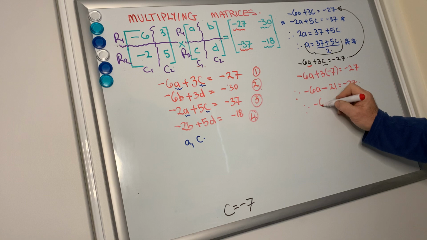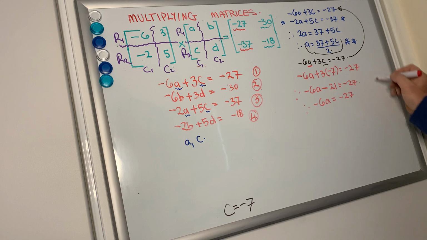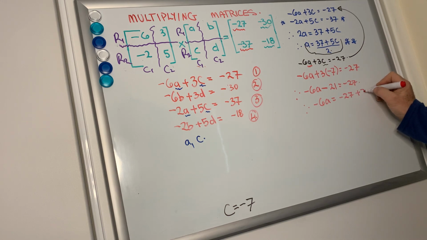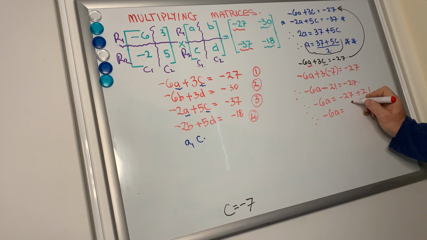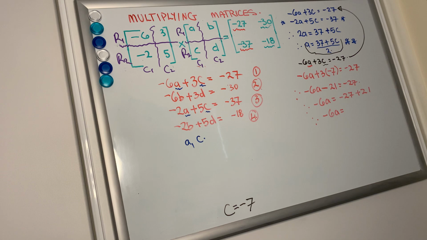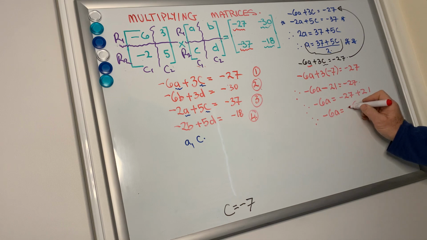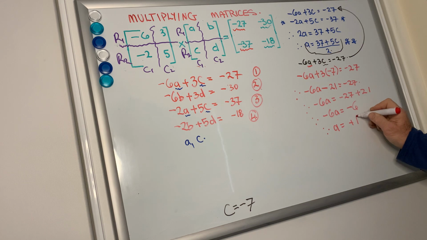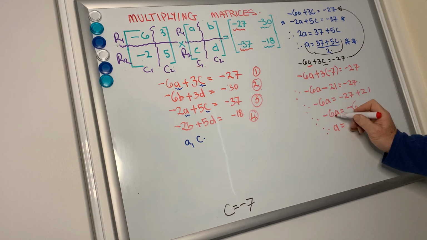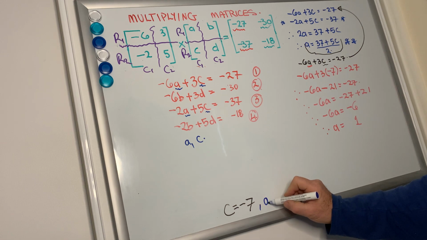Therefore, minus 6a is equal to minus 27, and bring the 21 on the other side, plus 21, which is minus 6. Therefore, a is equal to positive 1. 6 divided by 6 is 1. So therefore we can say that a is equal to 1.